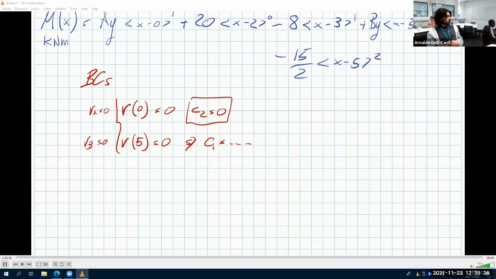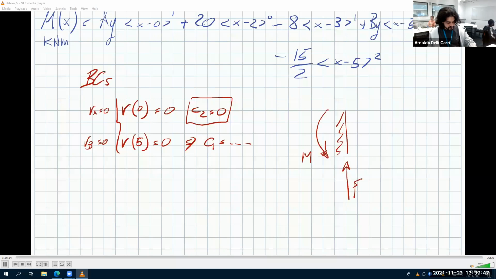If you have a reaction force, it's displacement. So V of 0, V of 5. If it's a reaction moment, it's phi of 0. Sorry, it's the slope that is involved. If you have a fixed support, the fixed support has a moment and a force.